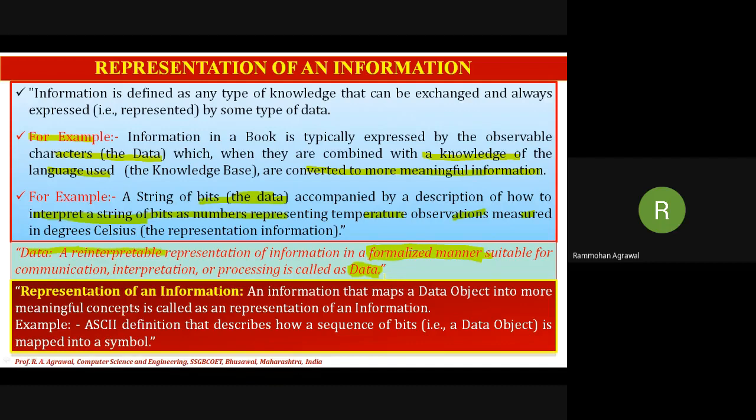So this is how information is processed, then it becomes your data, then data becomes your data object, then the data object is mapped into a data type, then the data type is mapped into some data structure, and then the data structure is grouped into some type of organization, and that organization will have some equivalent data. Okay, I hope you have understood this.